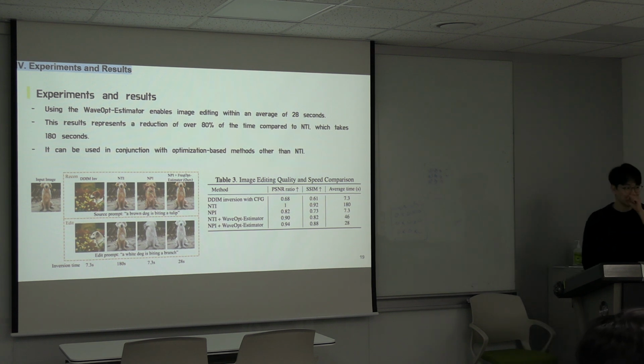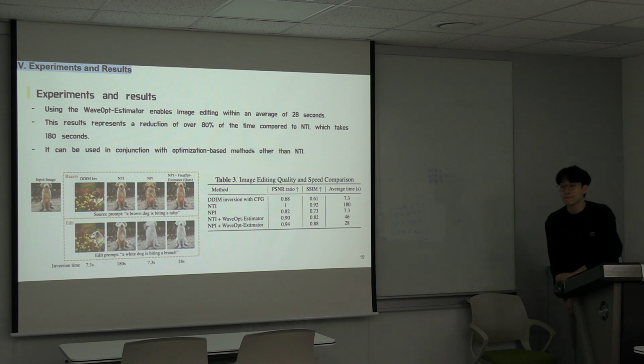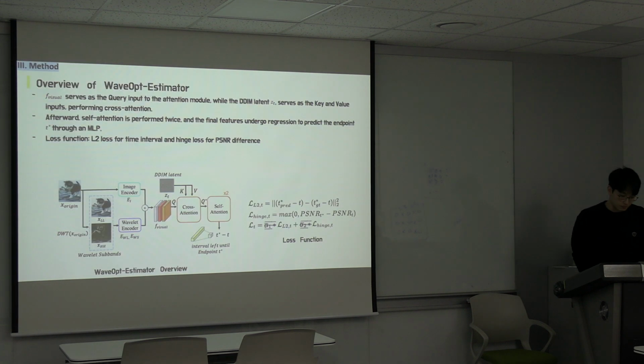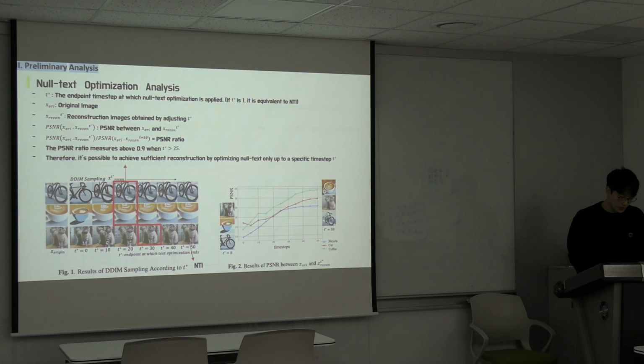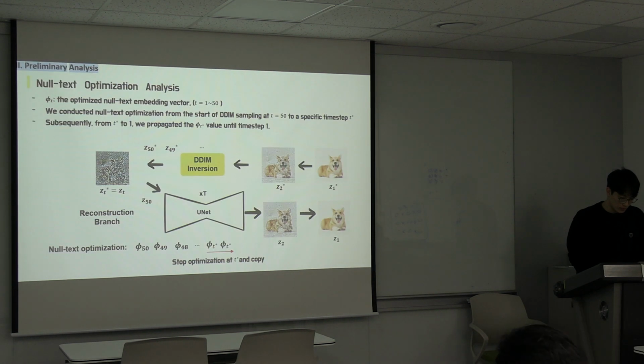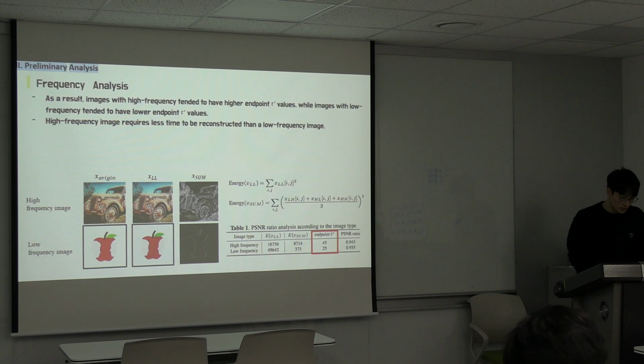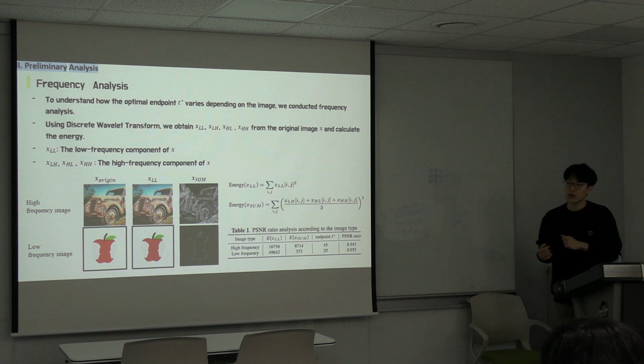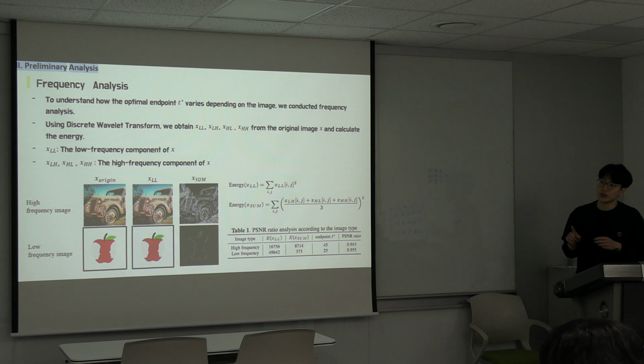Any more questions? Can you tell us again why you use the wavelet transform? The purpose of the wavelet transform. Actually, we want to separate the low and high frequency components from the original image, and there are two options. The first one is the Fourier transform.